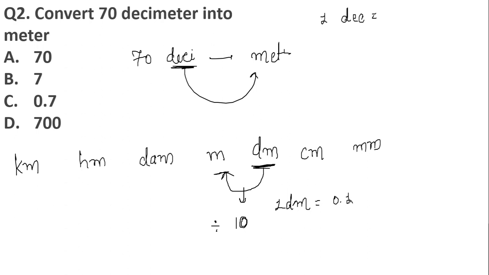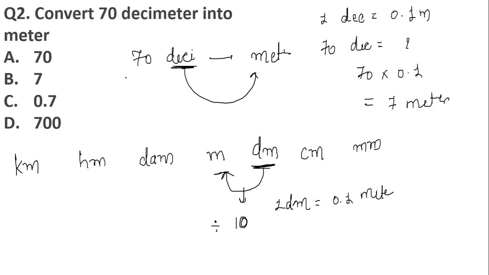So I will take it here as 0.1 meter. So if 1 decimeter is equal to 0.1 meter, so 70 decimeter is equal to what is the question? So 70 into 0.1, this will give me 7 meter. Right? So the correct answer for the given question is option number B.